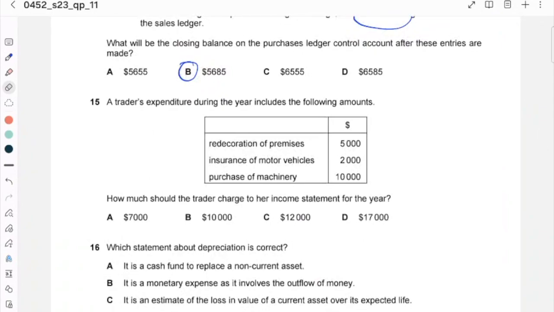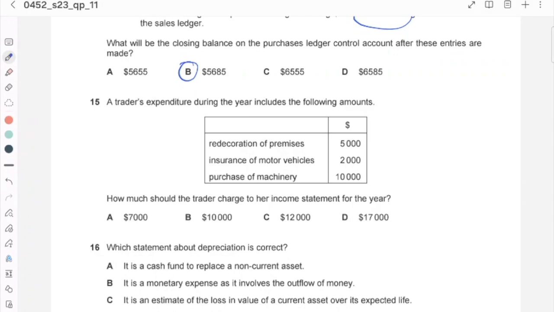Number 15. A trader's expenditure during the year included the following amounts. The question is, how much should the trader charge to her income statement for the year?